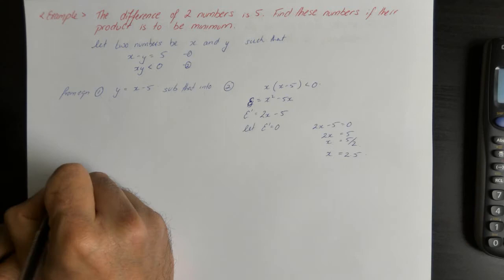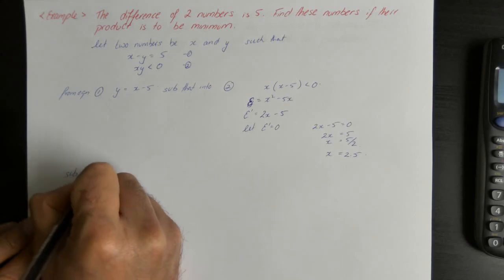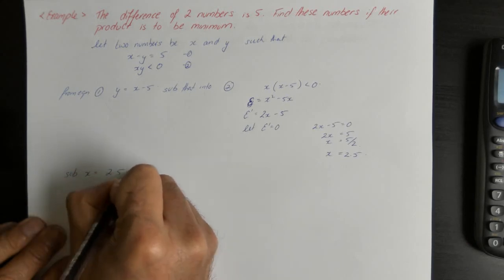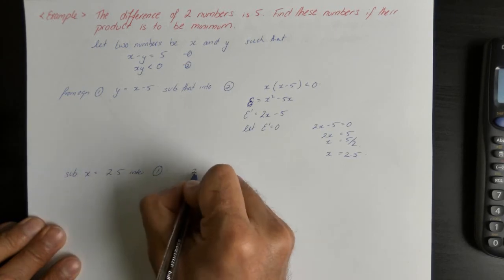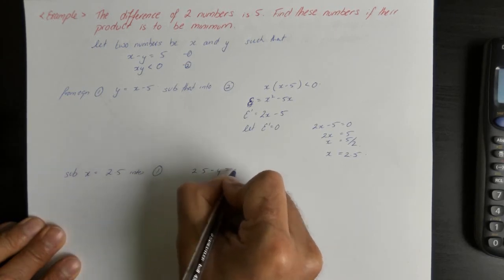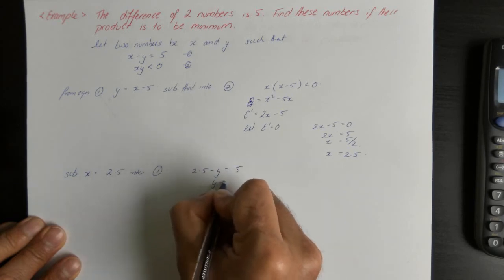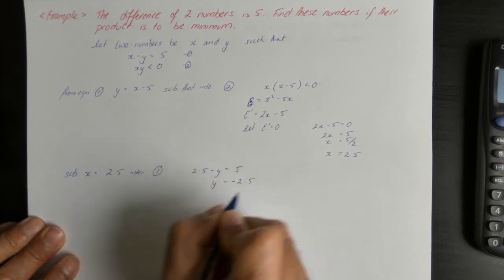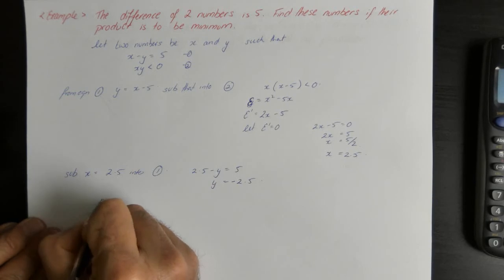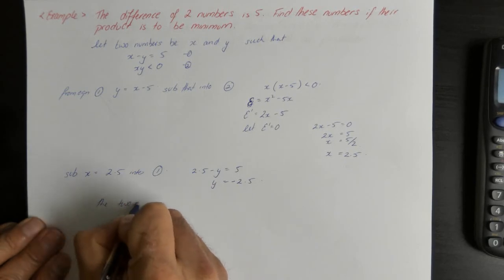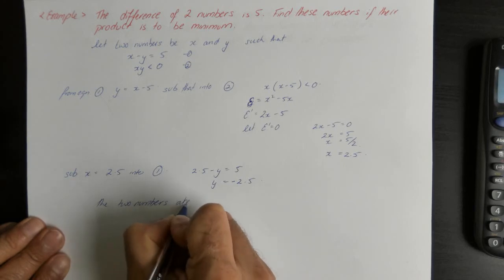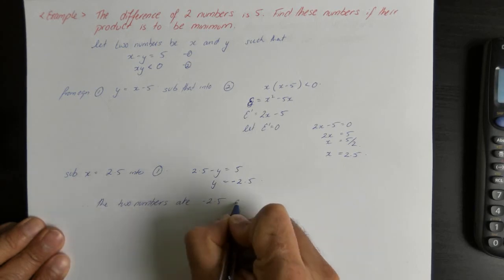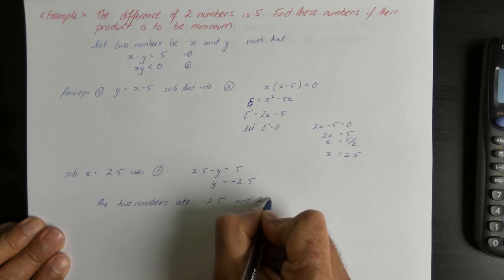Okay, sub x is 2.5 into equation 1, you get 2.5 minus y equals 5, so y equals negative 2.5. Therefore, the two numbers are negative 2.5 and 2.5.